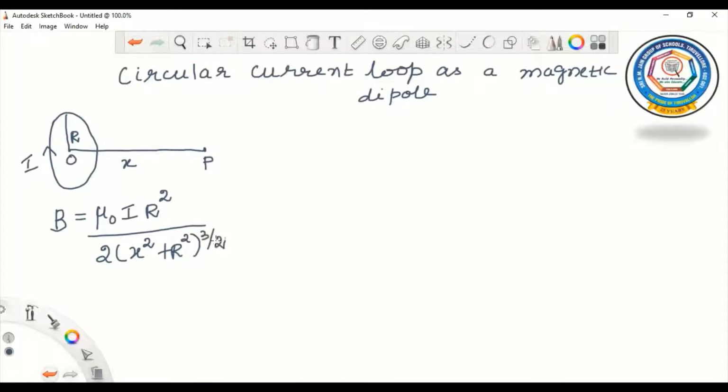Hope all of you remember this. And what is the direction of this magnetic field? Its direction is along the axis, and is given by the right hand thumb rule.